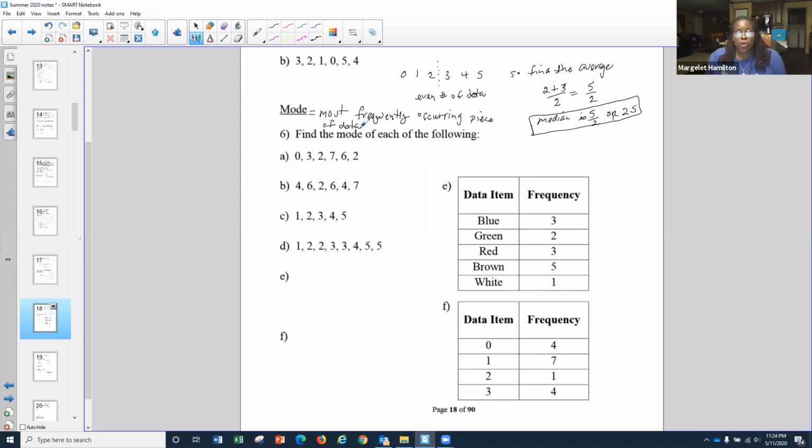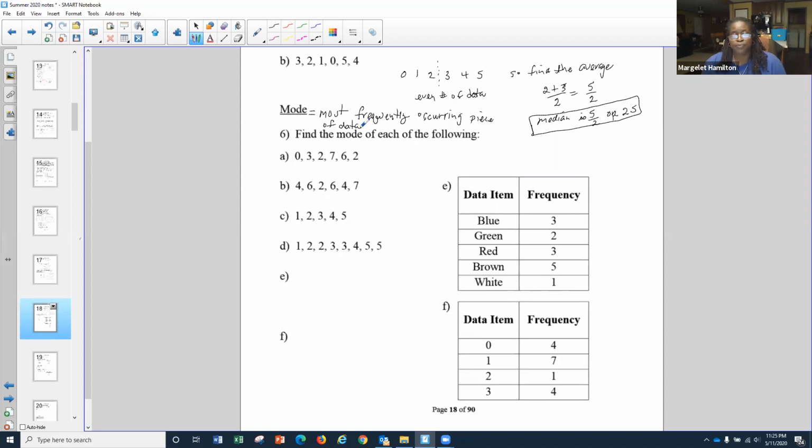So when we look at the mode, we're looking for the piece of data that occurs the most. There's a couple of modes. We have one mode. If it has one, it's just a mode. If it has two modes, it's called bimodal. 3, trimodal. Okay? Sometimes it won't have a mode.